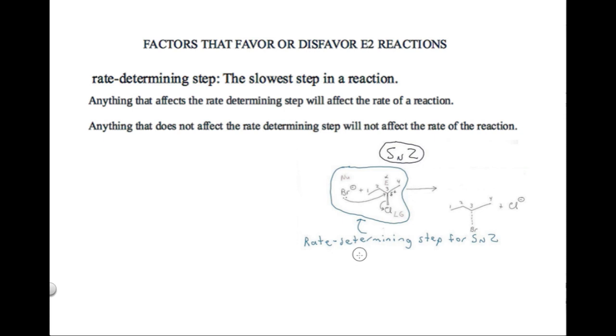That is kind of a trick question because you should know there is only one step in an SN2 mechanism. Since there is only one step, that one step is the rate-determining step for SN2. So here's an example of an SN2 mechanism. There's only one step, and this single step is the rate-determining step for SN2. So remember, anything that affects that rate-determining step will affect the rate for an SN2 reaction.